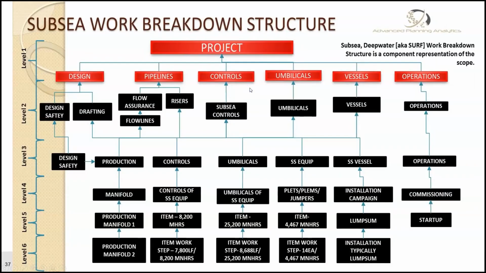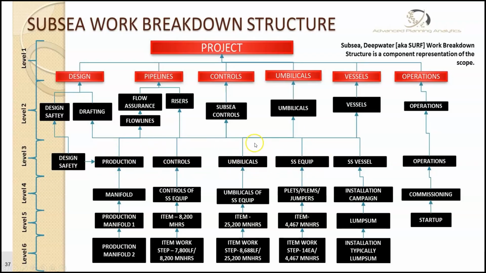And again, the work breakdown structure in association with this cost breakdown structure shows the components, and then beneath the components, the subcomponents, and finally your disciplines in groups.